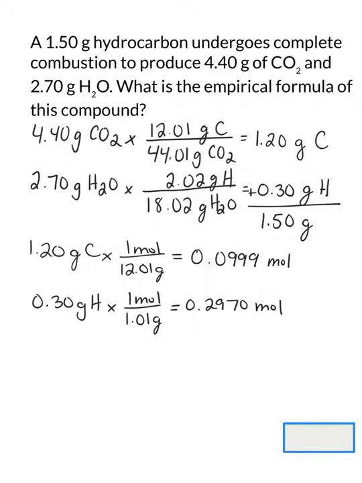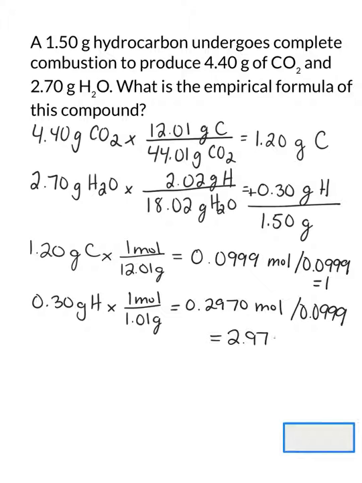Our third step now is going to be divide by the smallest number of moles. Well, looking at these two numbers, the 0.0999 is the smaller number. So I'm going to divide both by 0.0999. So here the same number divided by itself is going to give me 1, and 0.2970 divided by 0.0999 ends up giving me 2.97.